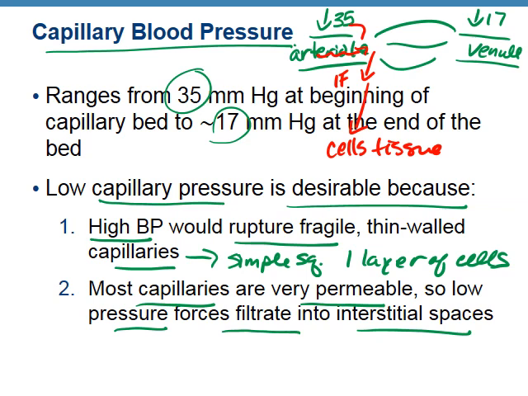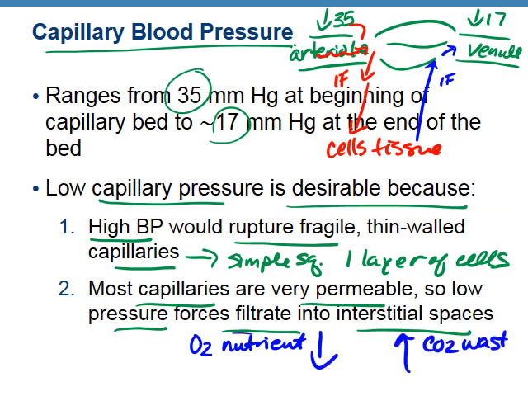And then remember, we've got our waste that we have to pick up. It also has to travel through the interstitial fluid and then get back into the capillary bed. So we want to make sure that we are pushing the oxygen and the nutrients in, and that we're picking up the CO2 and the waste, and it is directly involved with blood pressure.